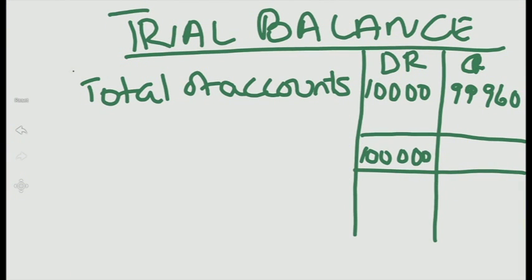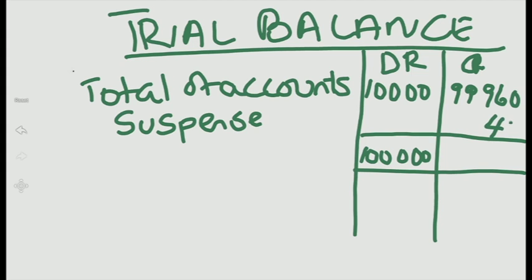But on the credit side, it is 99,960. We have tried to look for the errors, but so far we have not traced them. What are we going to do therefore? We are going to have this account called suspense, so that the credit side also gives us 100,000.